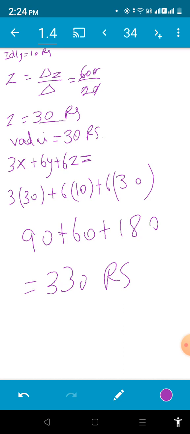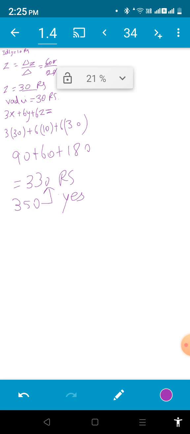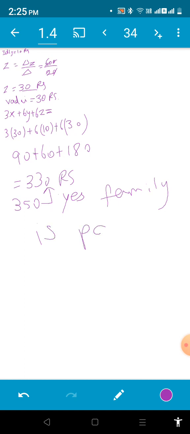We already have 350 in hand, so the family has enough for this food. So yes, the family can pay for that food.